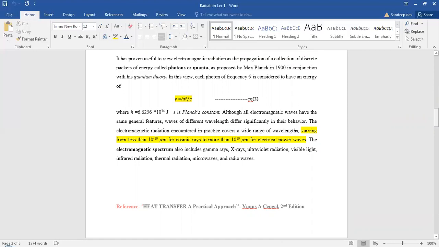The least wavelengths are that of the cosmic rays, that is gamma, X and beta rays, and the longer wavelengths are that of the radio waves. Nowadays we call them the power waves, because all kinds of transmissions are being made by the radio waves.